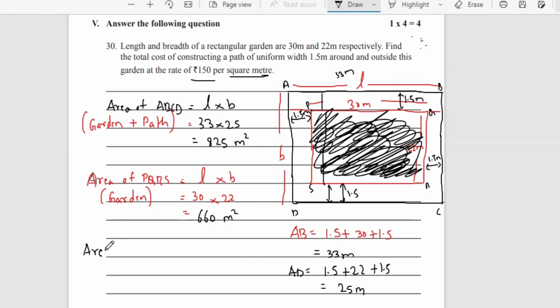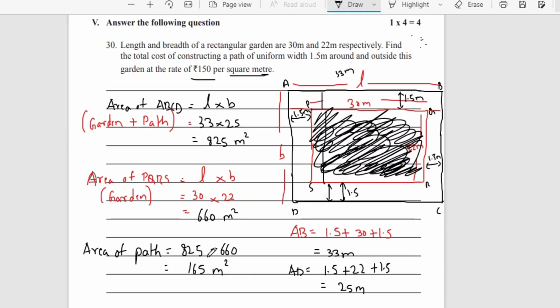Area of path. To find out area of path, we need to subtract both the areas of rectangle. That is 825 minus 660. Remember, for the subtraction, always take the big value first. So we get the value as 165 meters square.